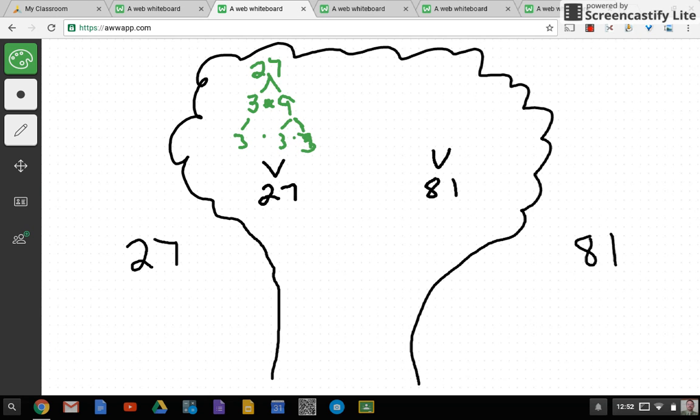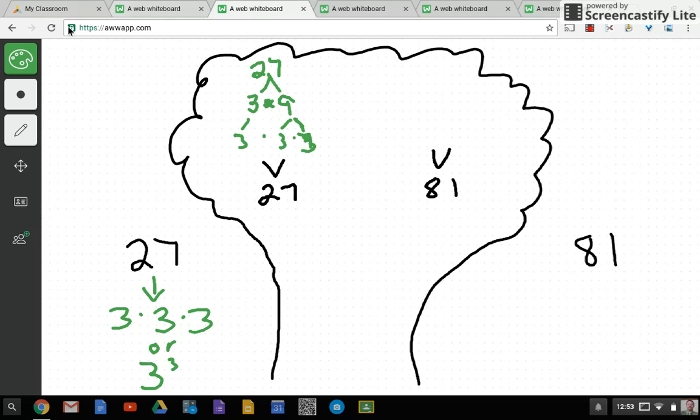So I can come down here and say that 27 is equal to 3 times 3 times 3. Again, that little dot is a bullet operator. It means multiply. Now, the other way that I could write that, so I'm going to put an or right here, is 3 cubed, and that means the same thing as 3 times 3 times 3. So that's also something that's coming up.